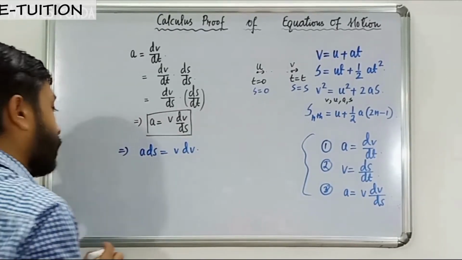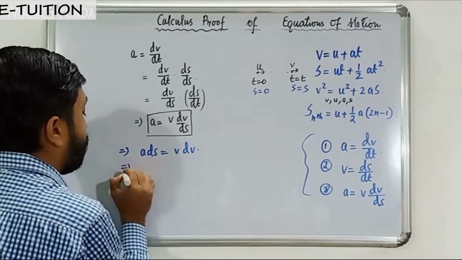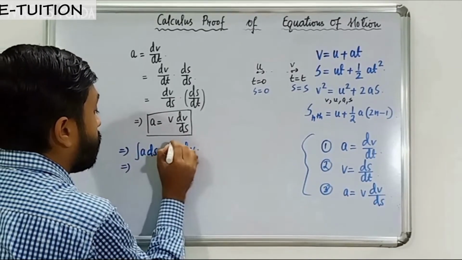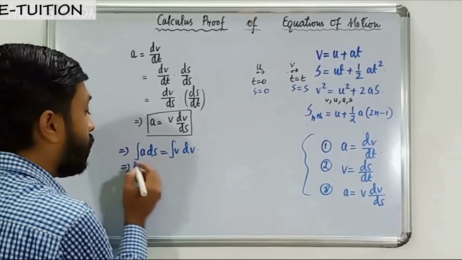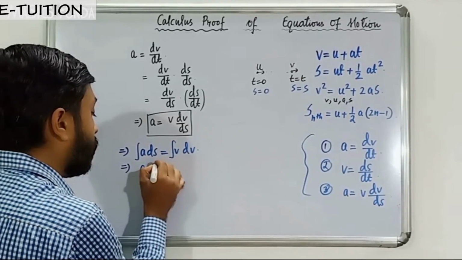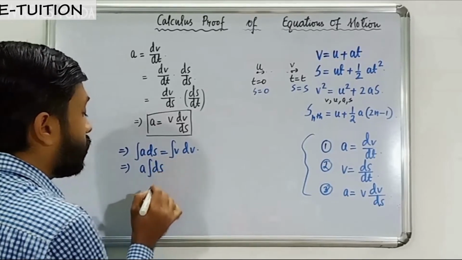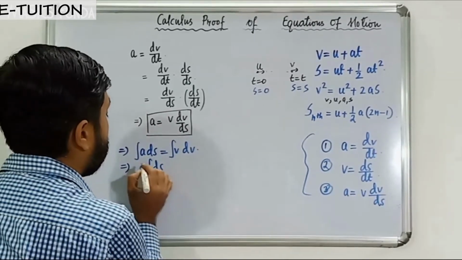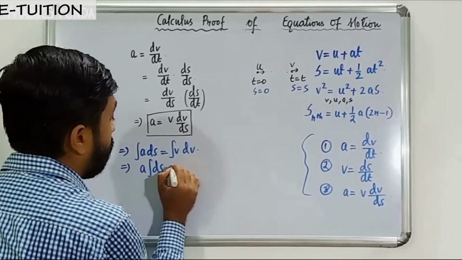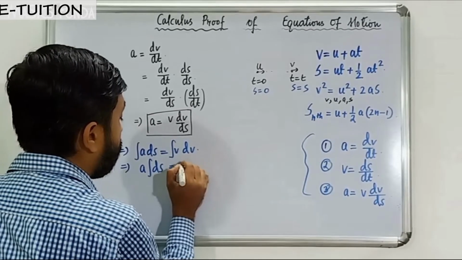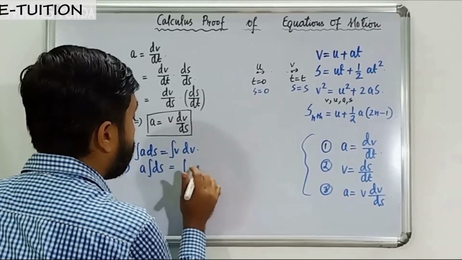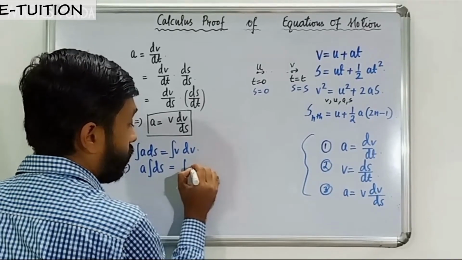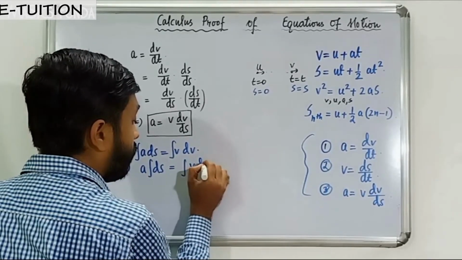After that, integrate both sides. a is constant, it should come out of integration. a into integration of ds equal to integration of v dv.